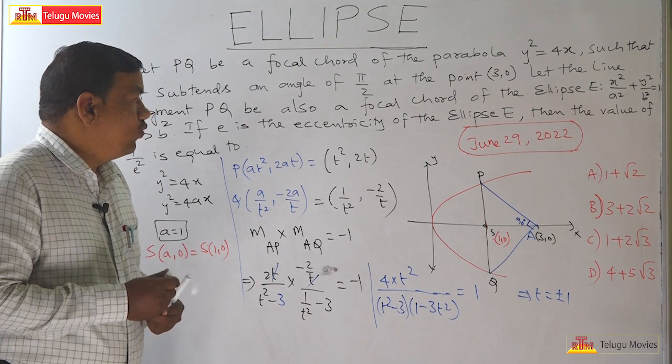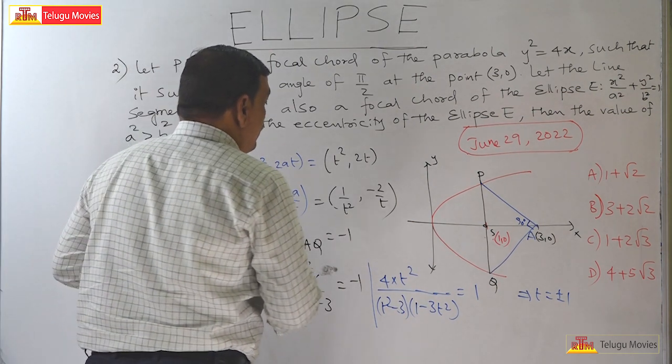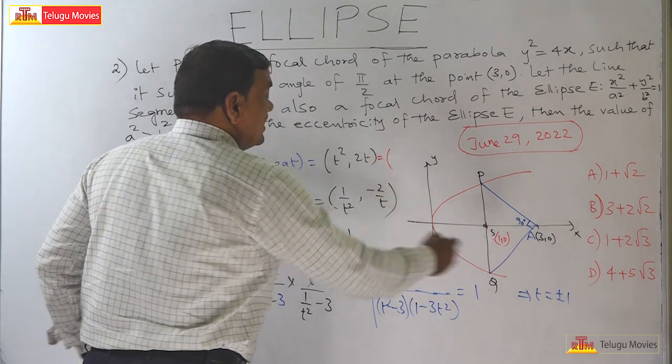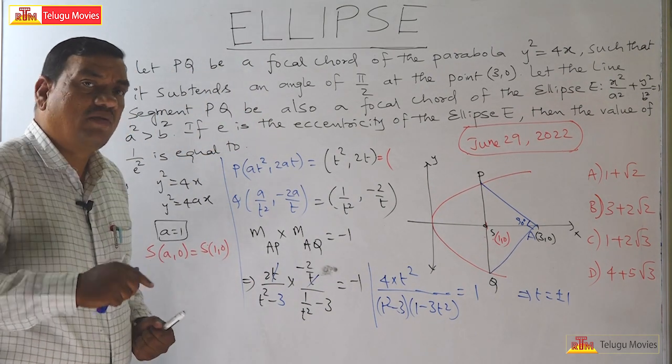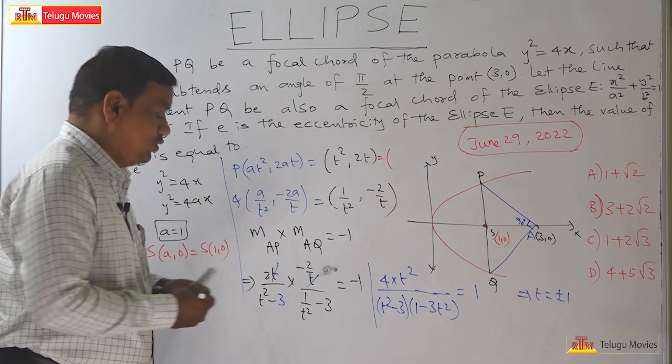So on the whole, we got the coordinates of P. Let us take t equal to plus or minus 1, no problem. Let us take t equal to plus 1.